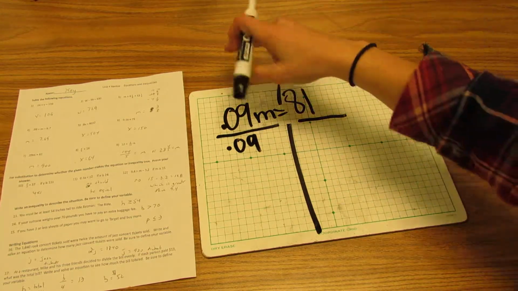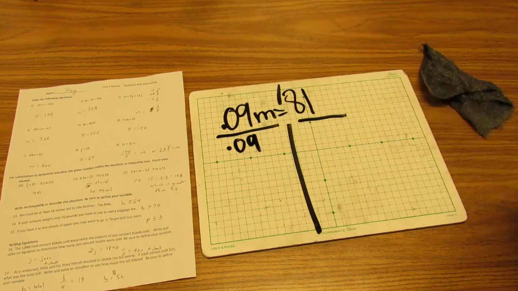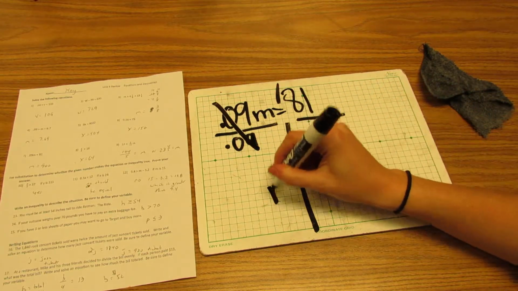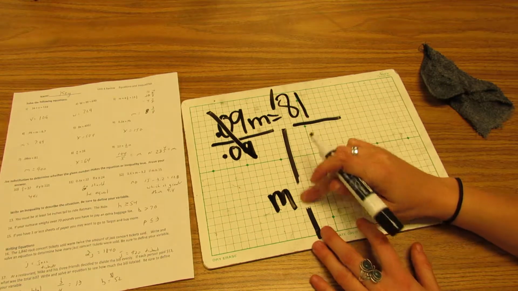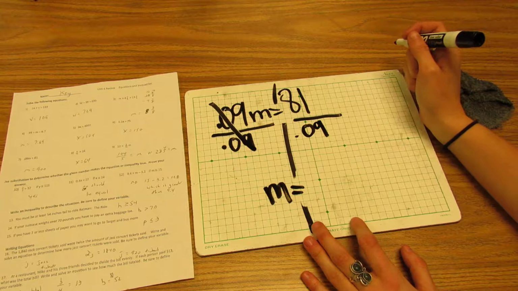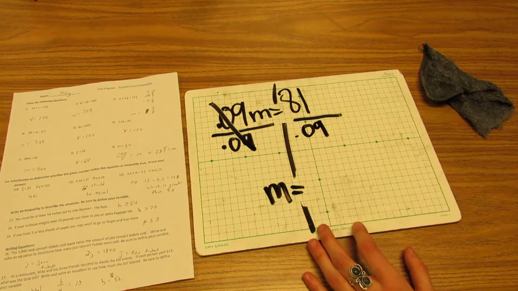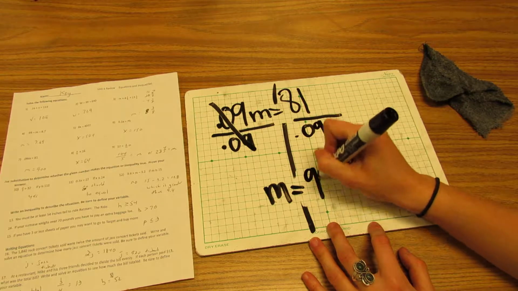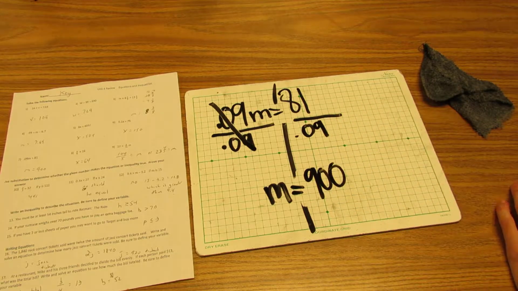Okay? So it will always be the number that's somehow attached to m, whether it be multiplication, division, or addition and subtraction. Okay? So this becomes a 1 that cancels out. I'm left with m. Bring down my equal sign. I've got to divide by 0.09, and I get, I believe, 900. Let's confirm.